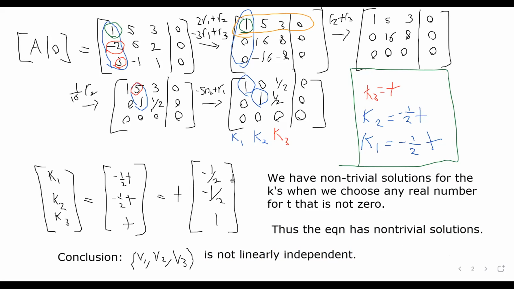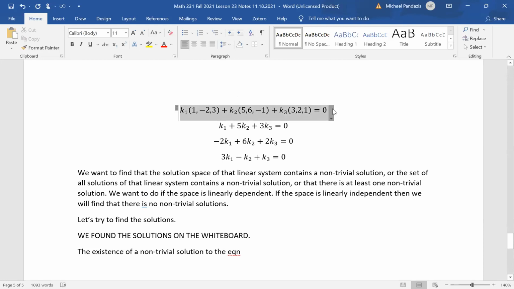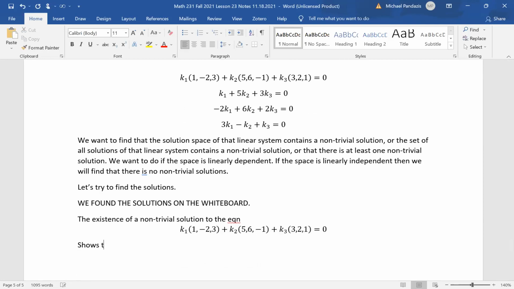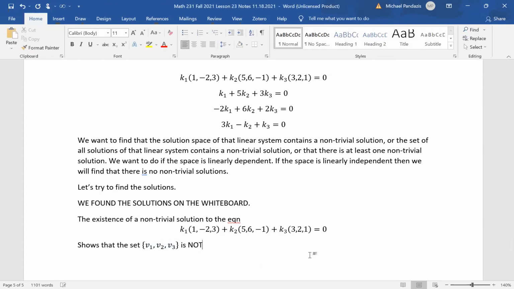Okay. So we found the solutions on the whiteboard. The existence of a non-trivial solution to the equation above shows that the set B1, B2, B3 is not linearly independent.